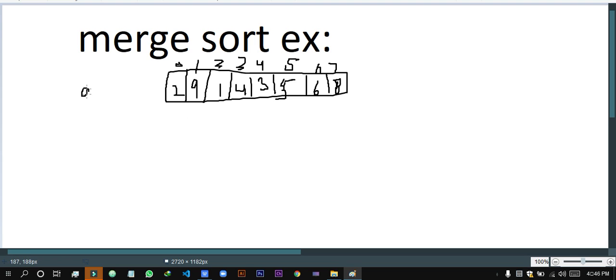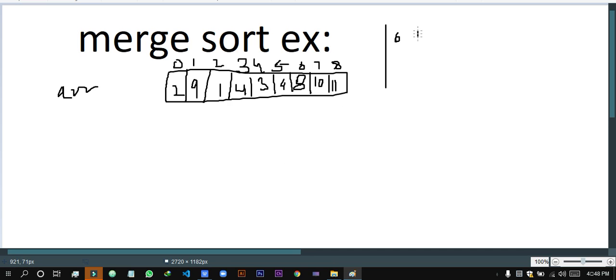By name we can just call it array, and I just named it ARR. Okay, so I have an unsorted array named ARR. As you know, in our divide and conquer technique there are two steps. One step is we divide it into two parts.